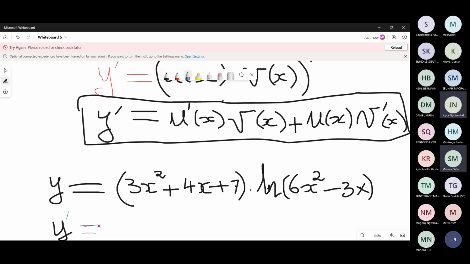Before you go into the details, first you must have the bigger picture. Here I see a big function, 3x squared plus 4x plus 7, multiplied by another function, ln. So basically, I see y as a product of two functions. That is the first step.